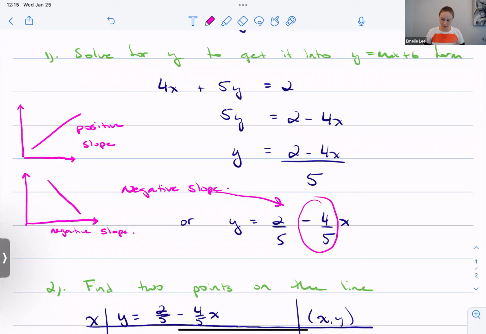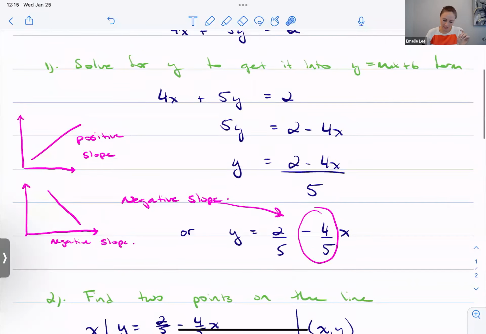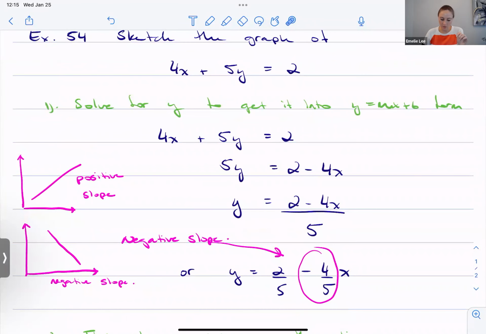Okay, nice. So what we're seeing checks out with what we had here. The y-intercept is 2/5, that's what we saw, and then we have a negative slope, and we can do more calculations, but let's see how we draw this in Desmos. I want to show you that you can just enter this kind of more complicated equation and get the same results.